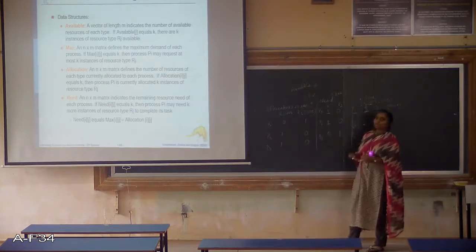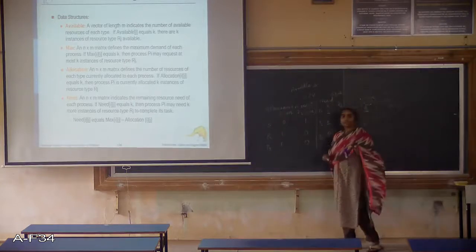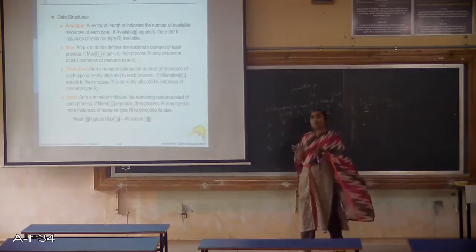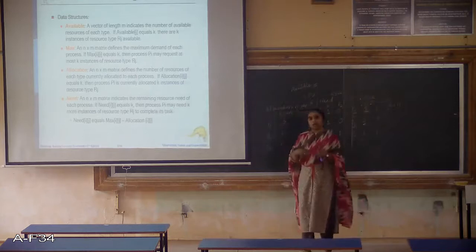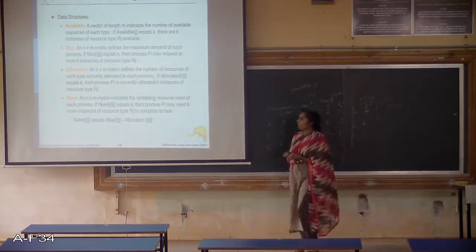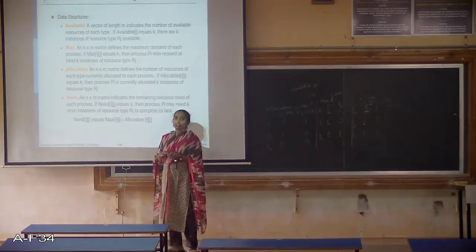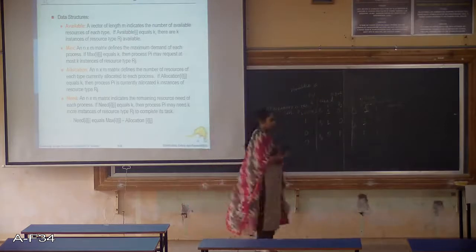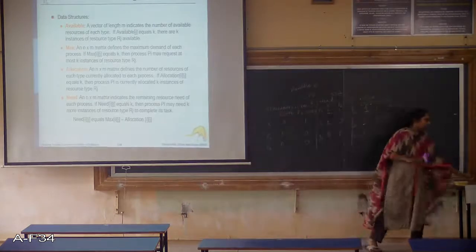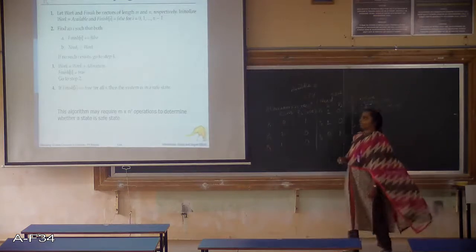And allocation tells you the number of resources that you have already given. And available will always be dynamic because it is what the operating system is holding with it to allocate to all the processes. So those are the various data structures that we require for Banker's algorithm.